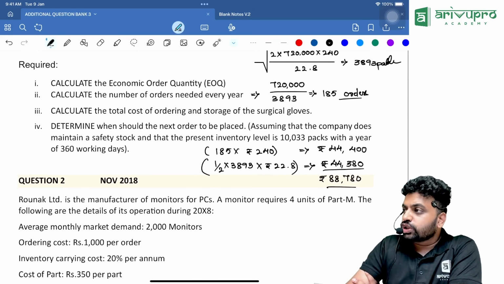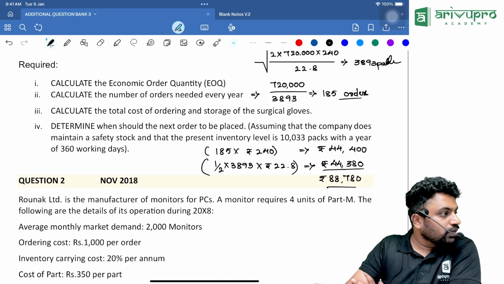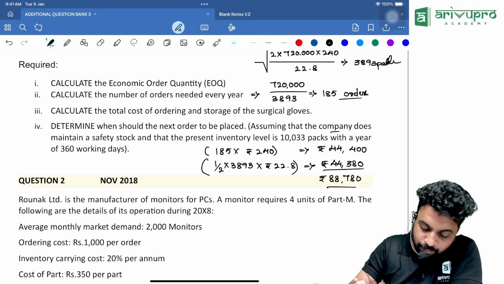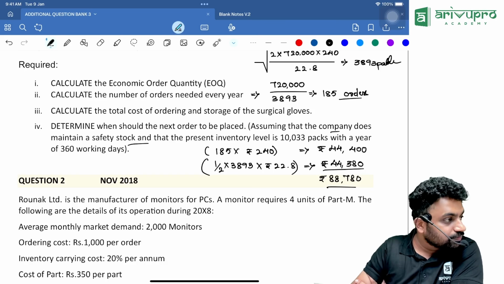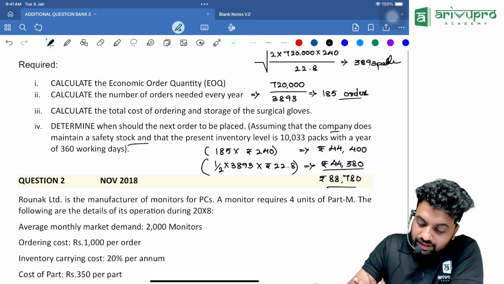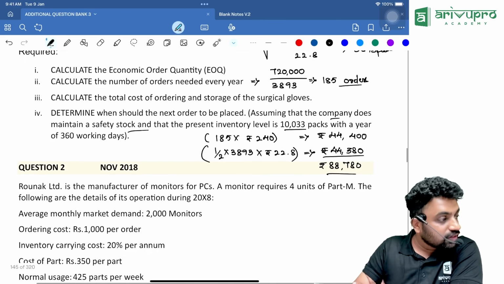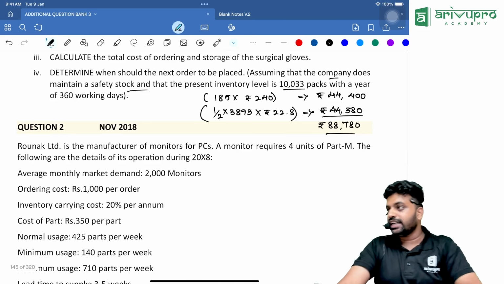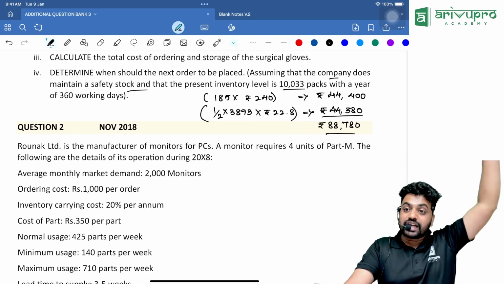Next one, what they are asking, that is important. Determine when should the next order be placed. Assuming that company does maintain a safety stock and that the present inventory level is 10,033 packs, for a working year of 360 days. Guys, this is what I told earlier.